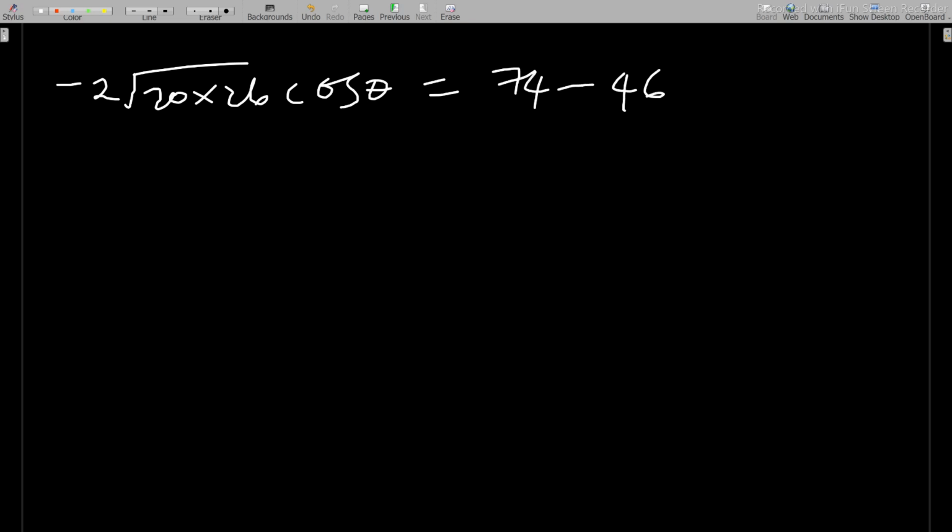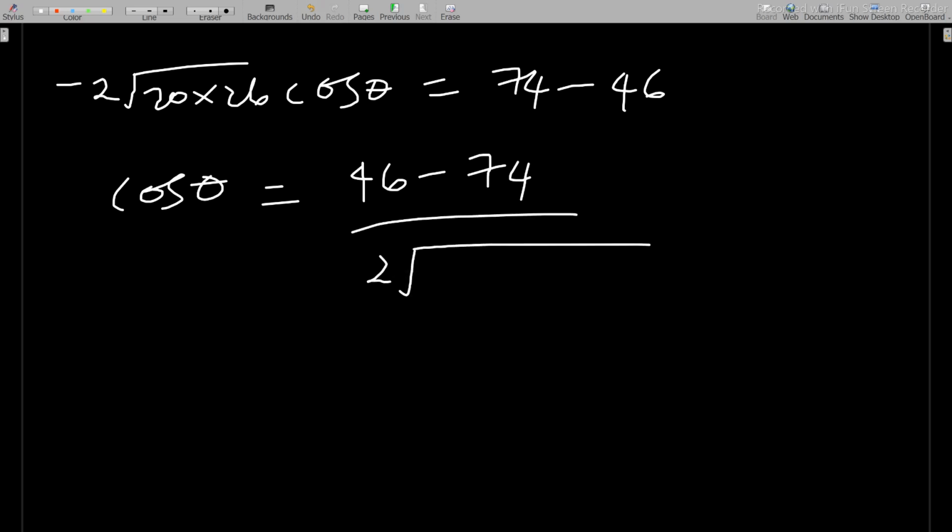And this will be cos of theta equal to 74, I don't know the answer here, so let me write it like that. If I divide through by negative 2 square root of whatever, I have 46 minus 74 over 2 square root of 20 times 26. So theta will be just the cos inverse of the whole of this.